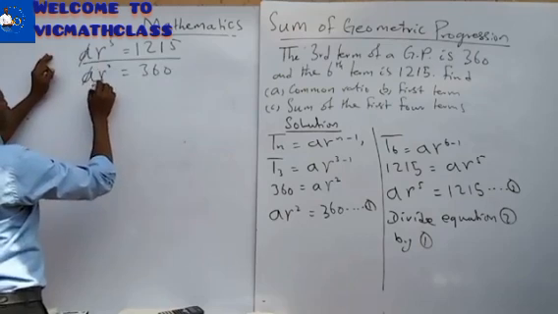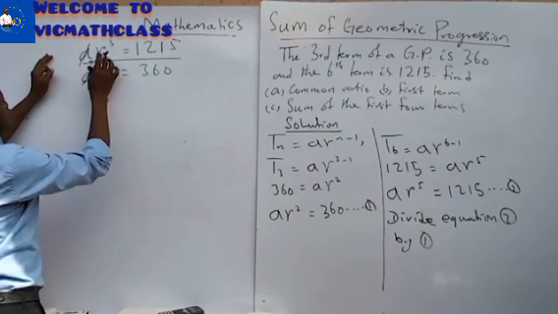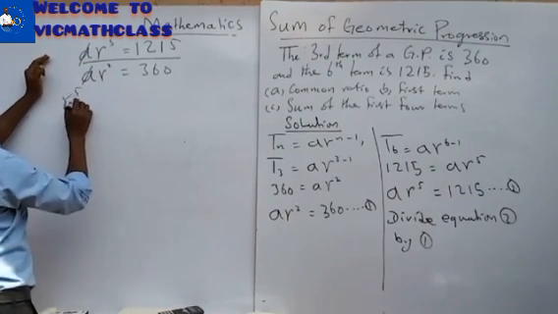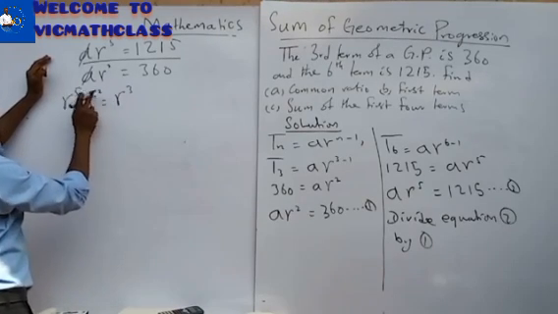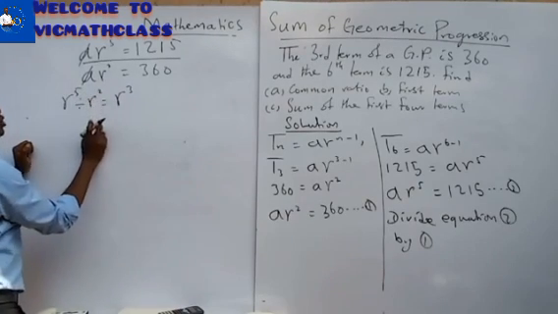If I cancel the a on both sides, by indices, r raised to power 5 divided by r raised to power 2 will give me r raised to power 3, because you can subtract their powers. That's what indices say.